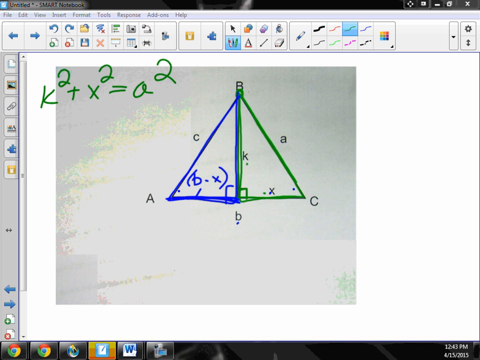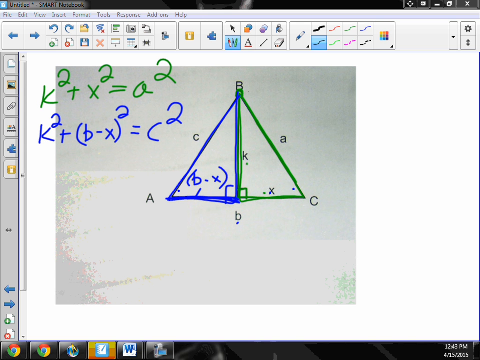Everybody okay with that? Leg squared plus leg squared equals hypotenuse squared. Let's do the same thing for the blue triangle. So it's going to be K squared plus B minus X squared equals C squared.